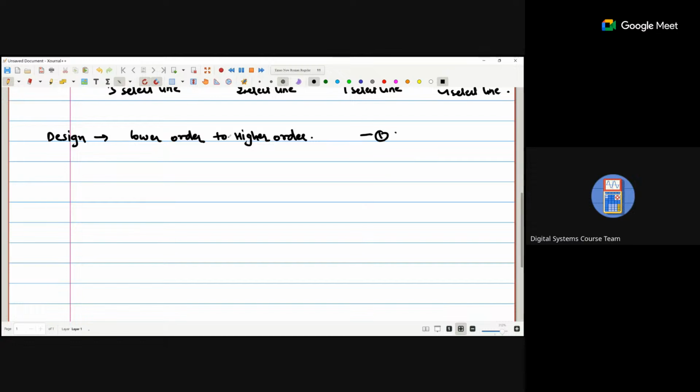The second type of case is higher order with lower order.